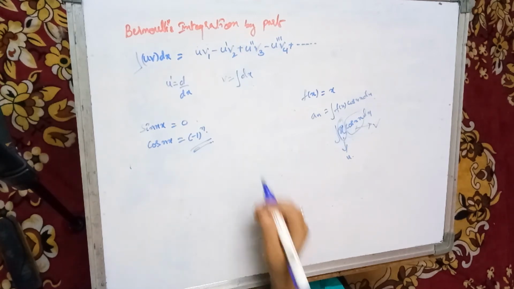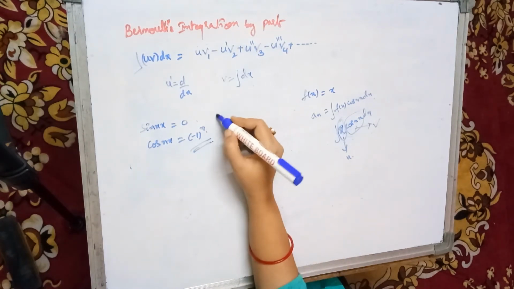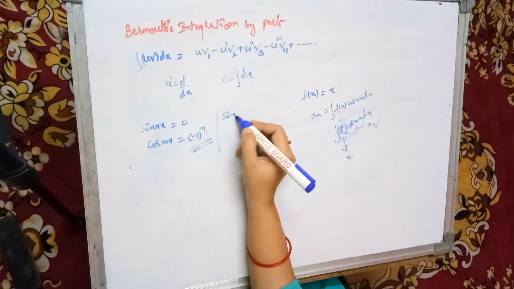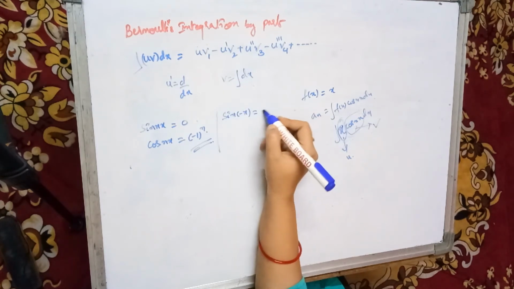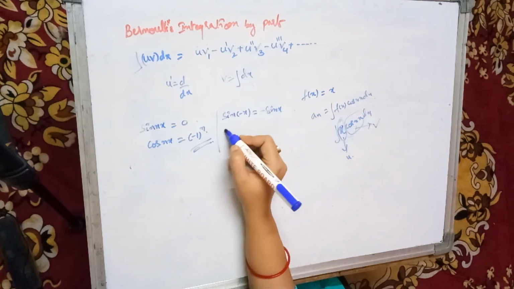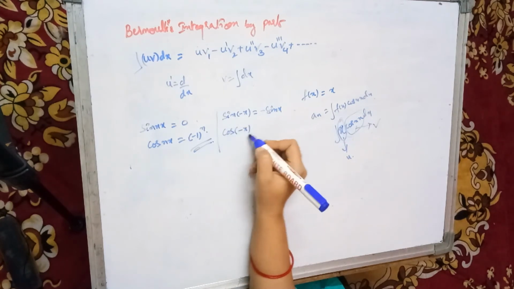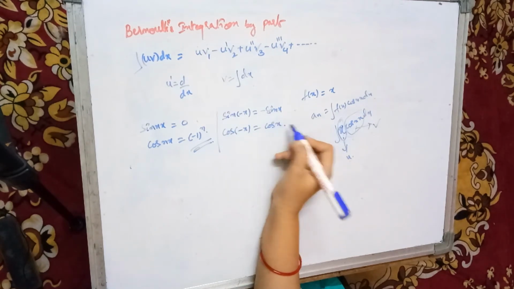Sin of minus x is equal to minus sin x, and cos of minus x is equal to cos x.